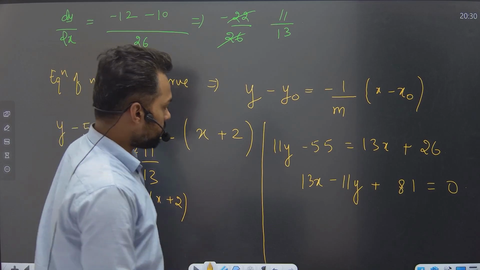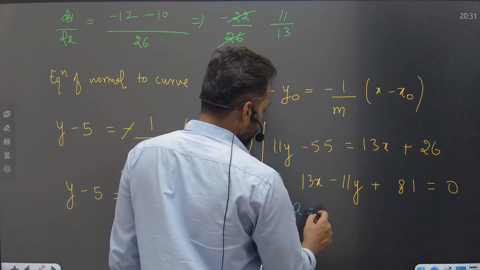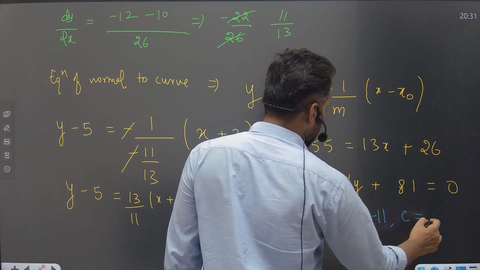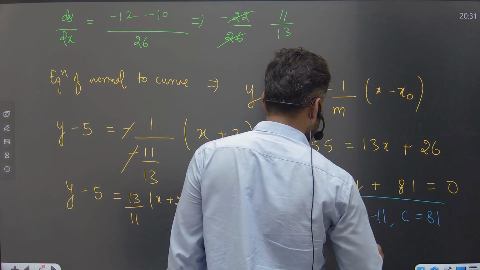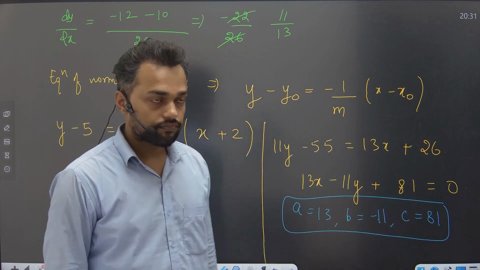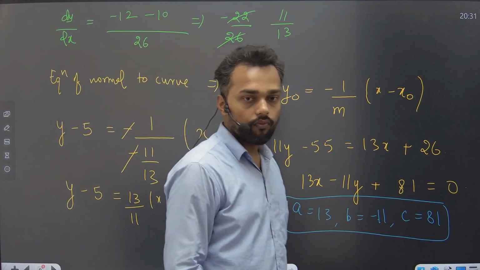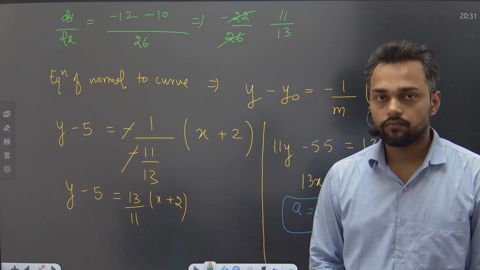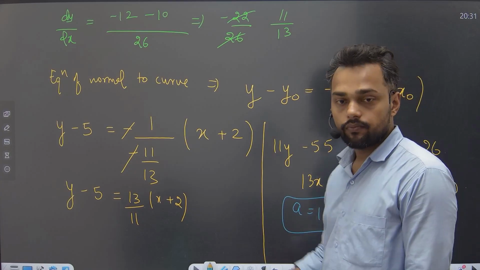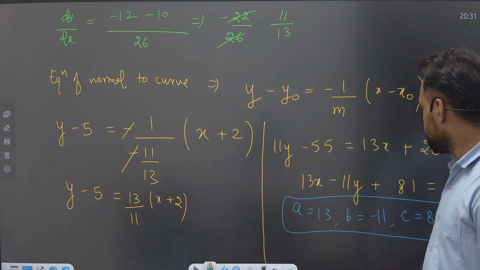So a here is 13, b here is negative 11, c here is 81. Okay, these are the particular values according to the question. This was the solution. This is how we need to find the equation of the normal to the curve.